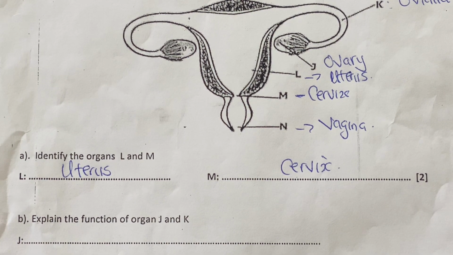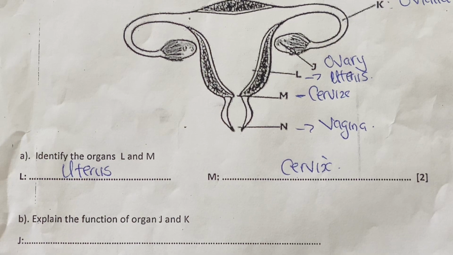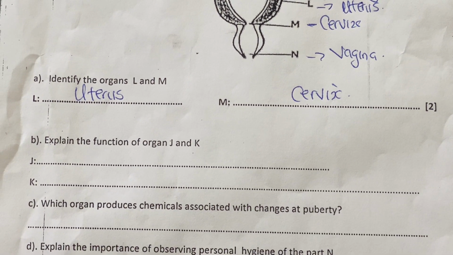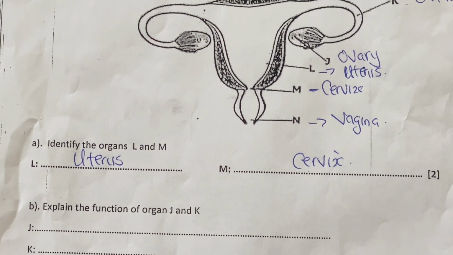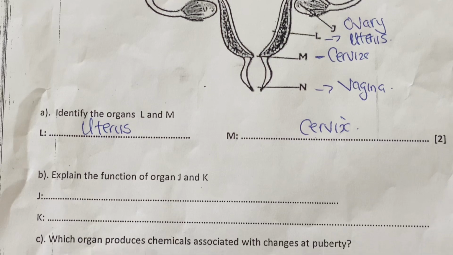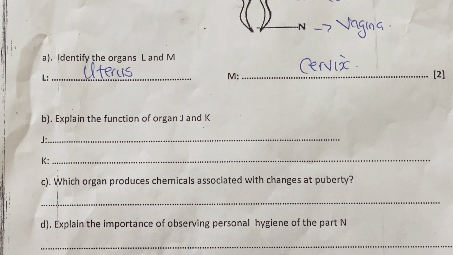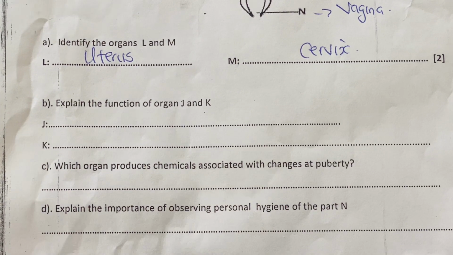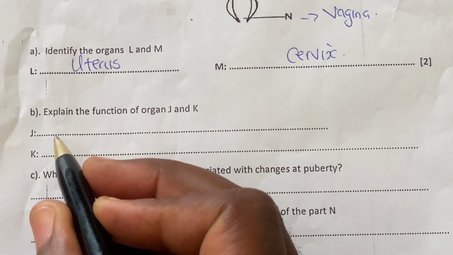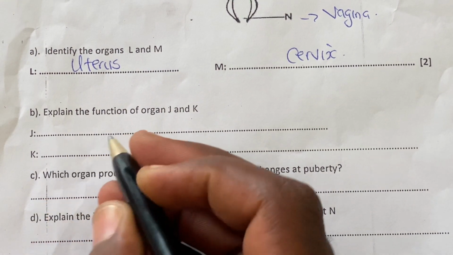Then it says explain the function of the organs J and K. From the diagram, K is the oviduct, and J is the ovary.